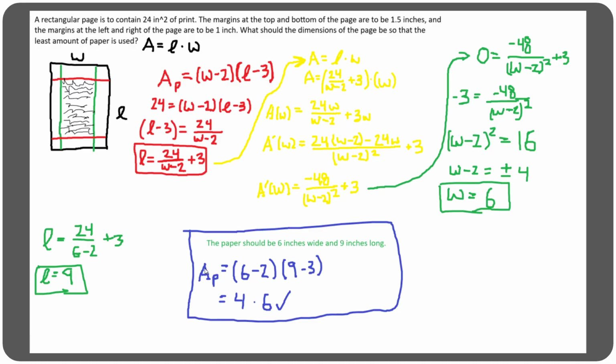And then we can verify that with the area of print equation that we have, and we can plug in our optimum values, which is 6 and 9. As you do that, you find that 4 times 6 is indeed 24. So we found that the smallest page that has 24 inches squared of print is 6 inches wide, 9 inches long.